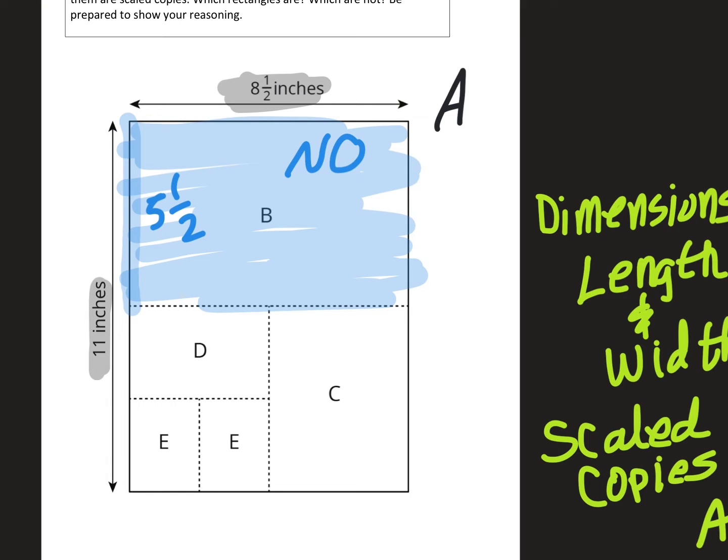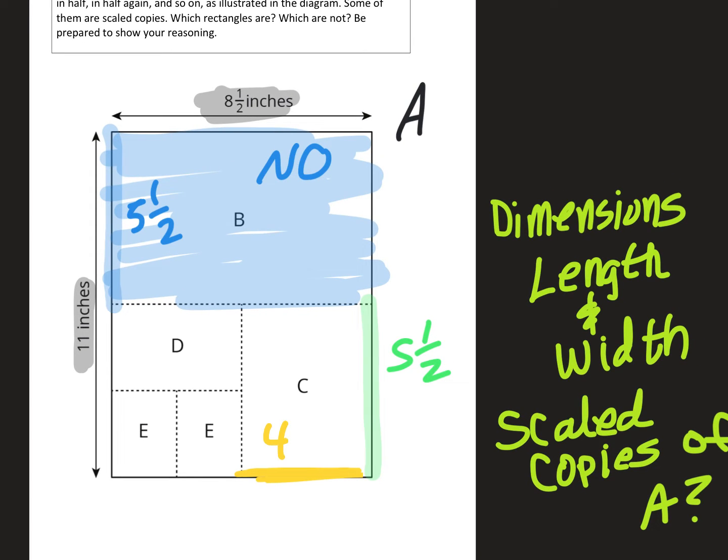So wonderful. All right, I'll go ahead and tell you that the length of side C is also 5.5, and we can probably agree about where we got that, right? Because we already figured out that's half of the length. How about the width of rectangle C? 4 1/4.